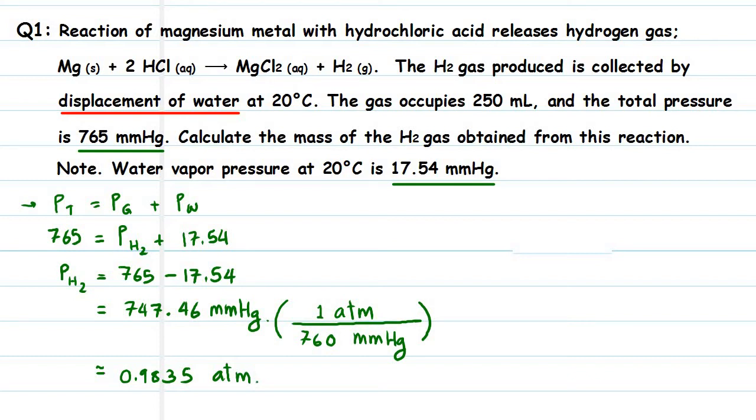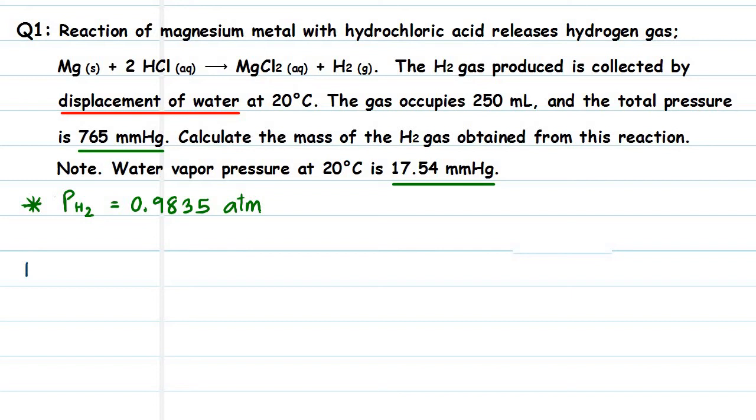Now we can follow the same steps we normally use in the gas reactions. The first step is to check whether the reaction is really balanced. And the second step is to find the involved species and connect them by using mole. Alright, let's try that. For the first step, we write down the reaction here. Magnesium plus 2HCl gives MgCl2 plus H2.